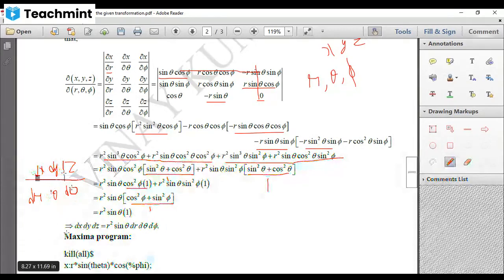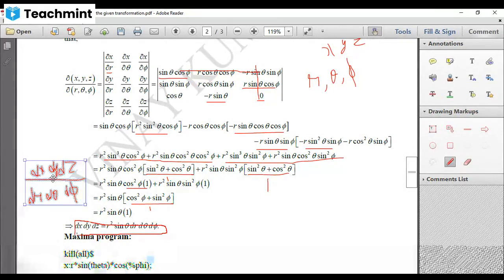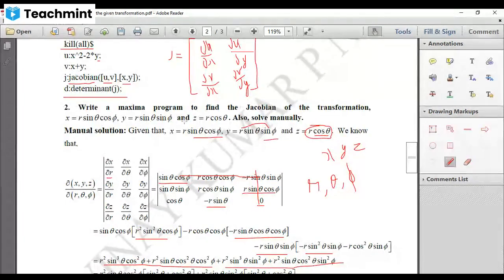So if you cross multiply, you'll get dx dy dz equal to r square sin theta dr d theta d phi. Right? So this is how you can transform the variable while solving the problems in multiple integrals. Now, remember, what is the Jacobian of this transformation? R square sin theta is the Jacobian of this transformation.